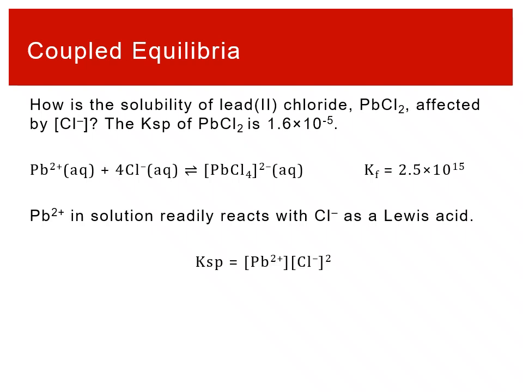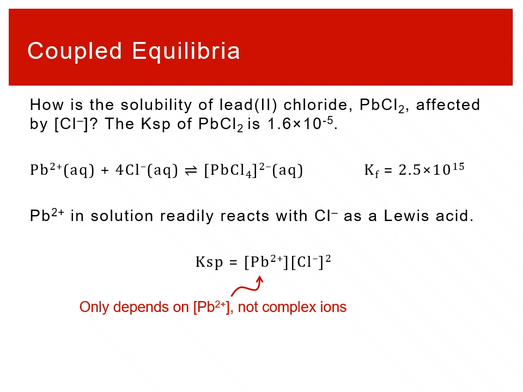If we're looking at lead-2 chloride dissolving, that'd be Pb2 plus and chloride, right? This only depends on Pb2 plus, not the complex ions. So the total concentration of bare Pb2 plus and chloride has to stay low.